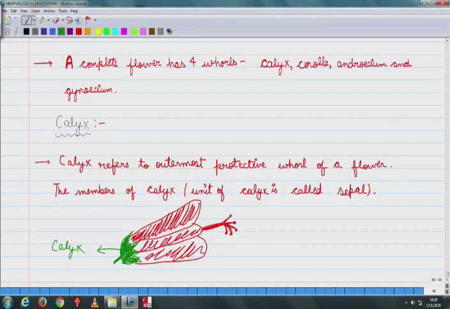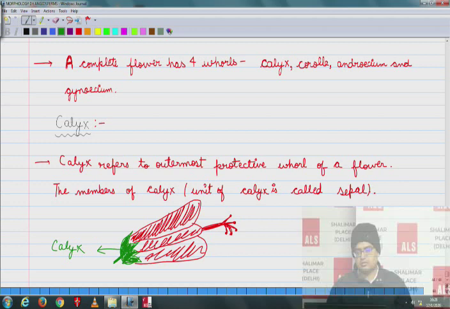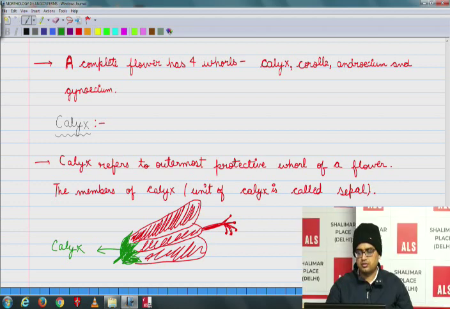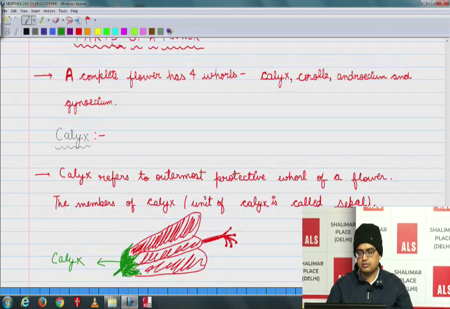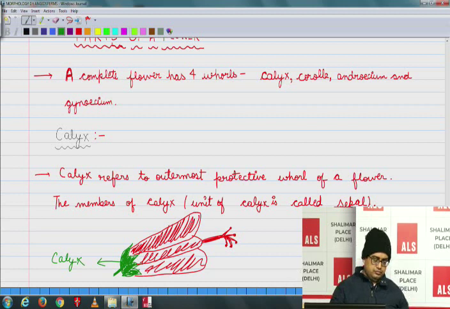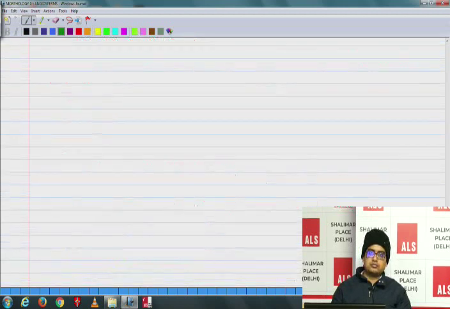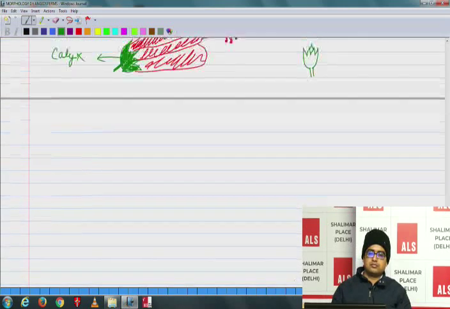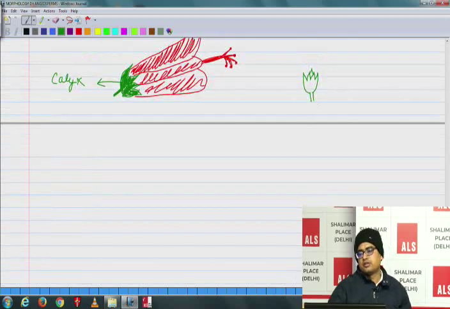This is the calyx. Now if I separate the units of calyx from all the other units, it will look something like this.